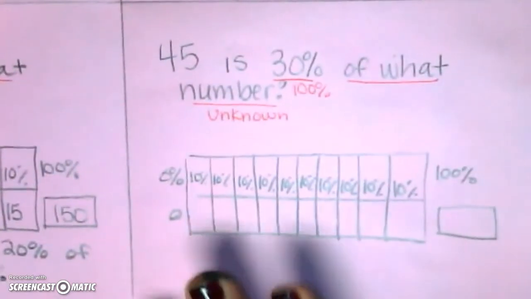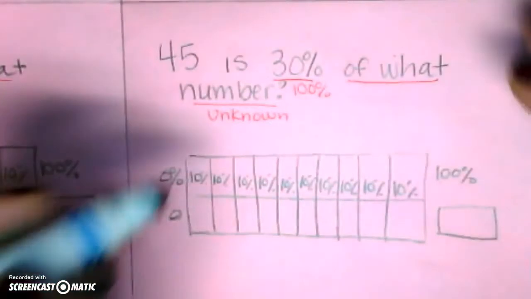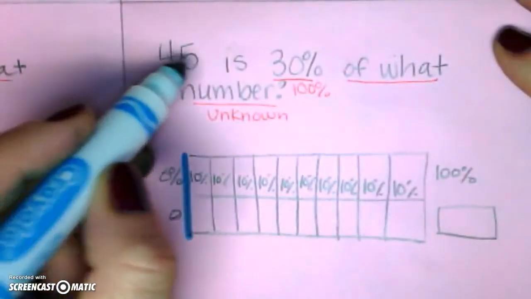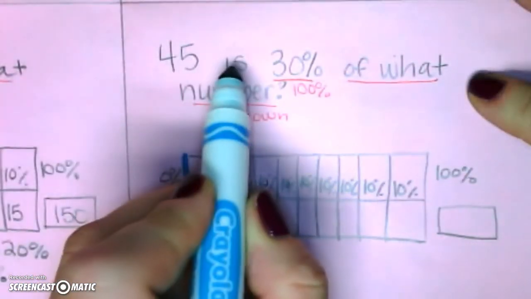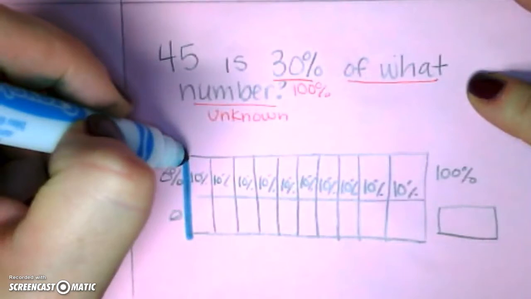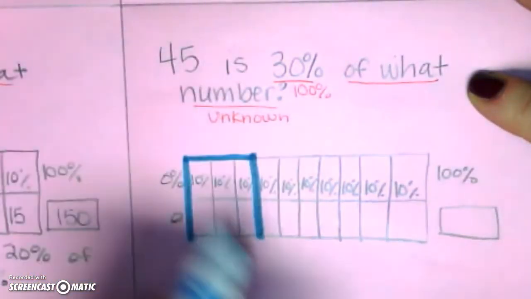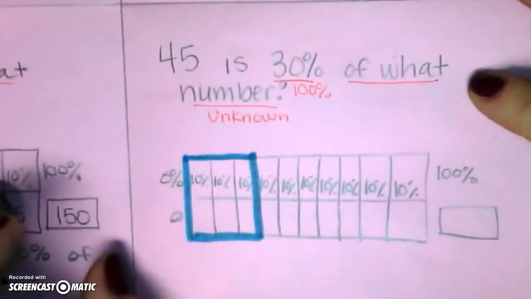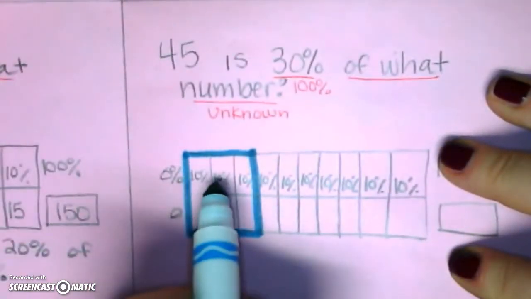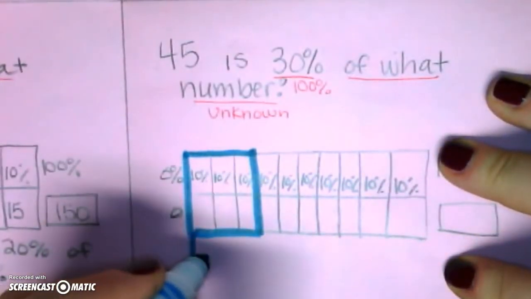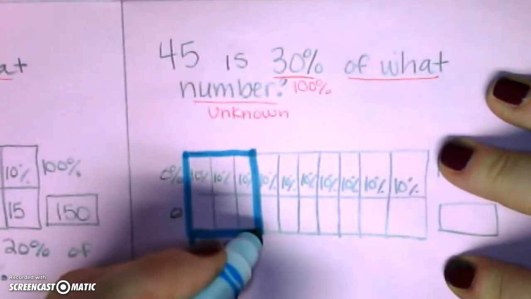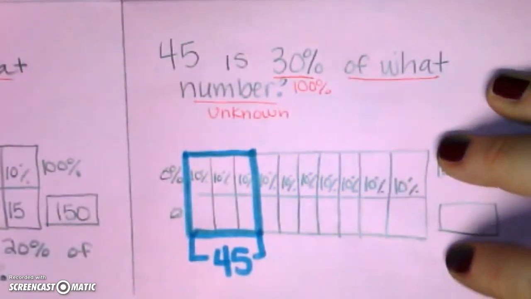And again, I don't know my whole, but I do know a part. The problem tells me that 45 is 30%. So I'm going to go all the way over here. That box I just drew, that 10%, 20%, and 30%, I know is equal to 45 because that's what my problem told me.